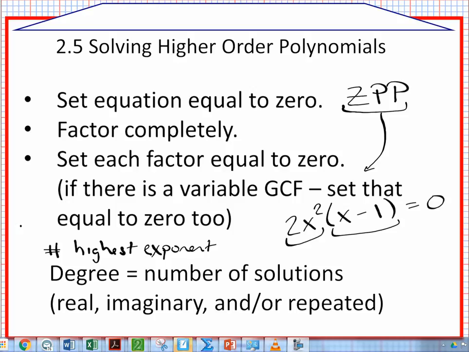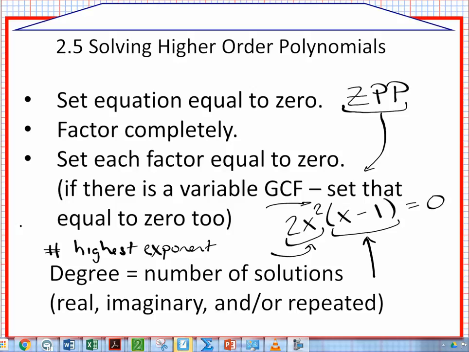So, for example, we would get one real solution out of the parentheses x minus 1. We would get a repeated solution of x equals 0 out of 2x squared. That actually counts as two solutions because of that exponent there.